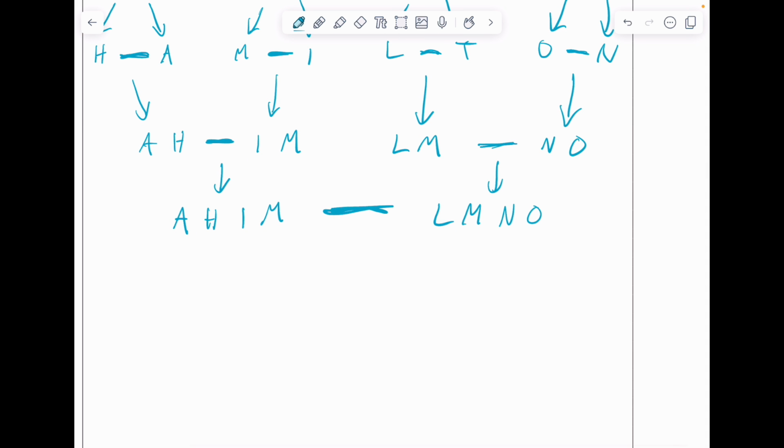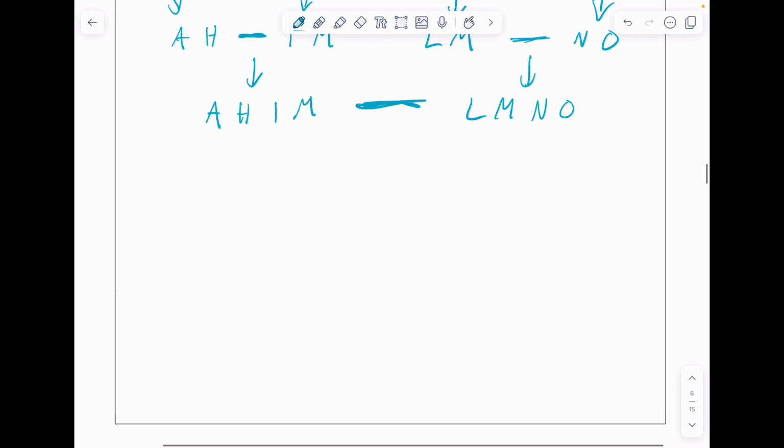And then finally, we have our last step. We have to merge these final 2 substrings. If we look at A and L, A comes first, so it's A. Then we move the pointer 1 over. H comes first, so we put H down and then move that pointer 1 over. I comes first again, so write it down, move the pointer.